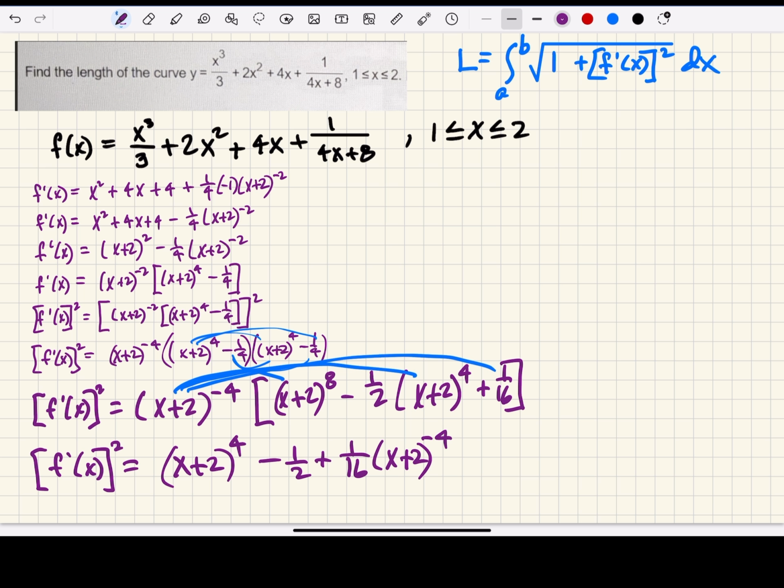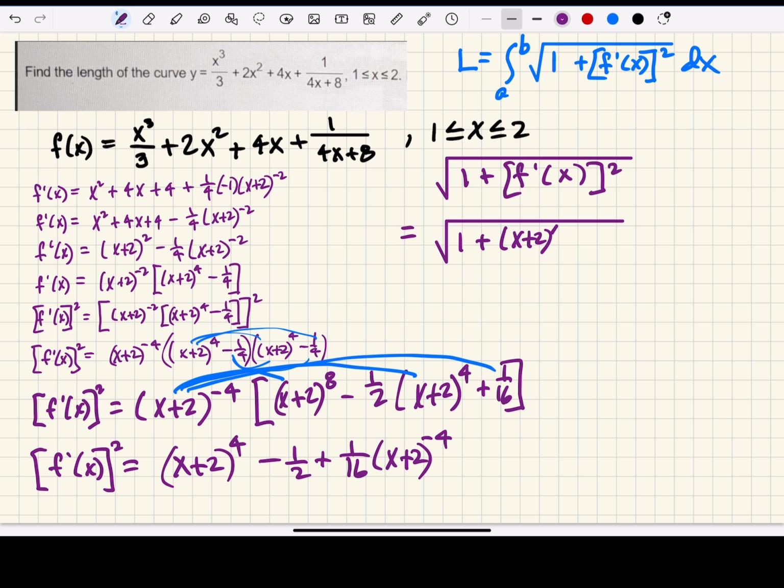Now, the next part of the formula says that we should find the square root of 1 plus the square of the first derivative. And we have found the square of the first derivative, so this would be equal to the square root of 1 plus x plus 2 to the 4th power minus 1/2 plus 1/16 x plus 2 to the minus 4.